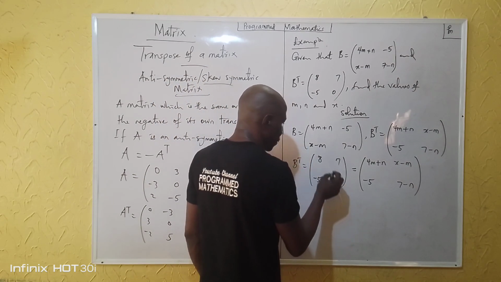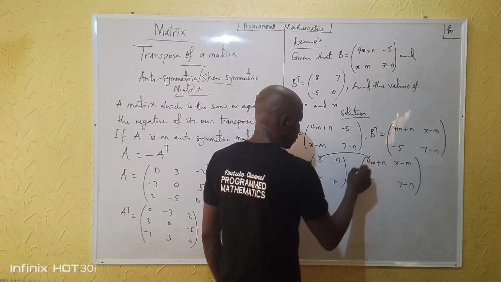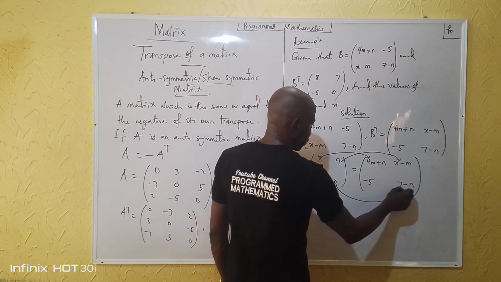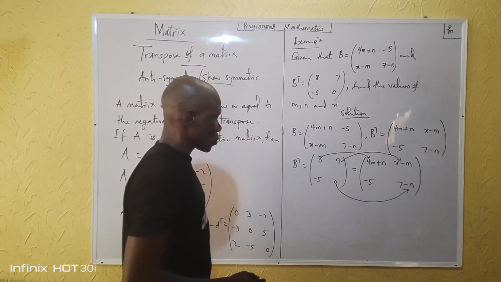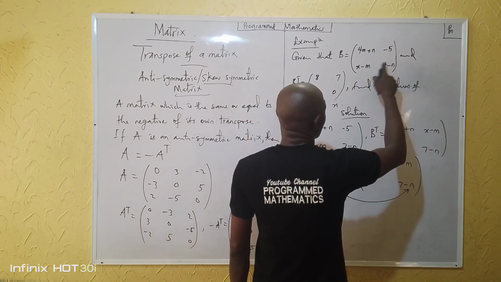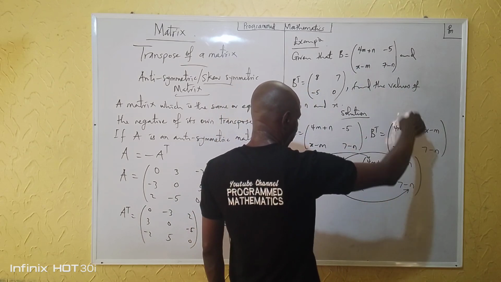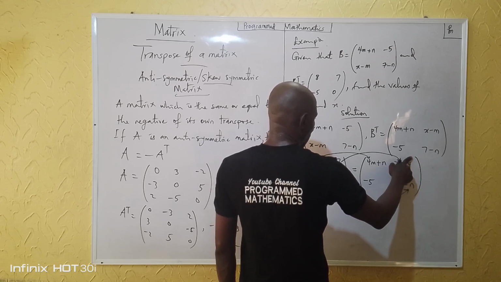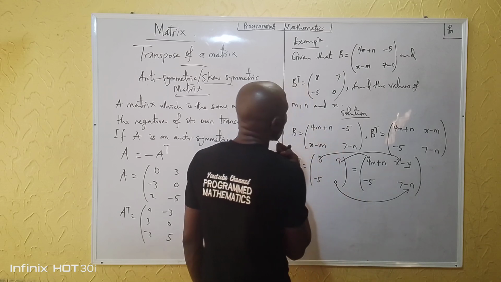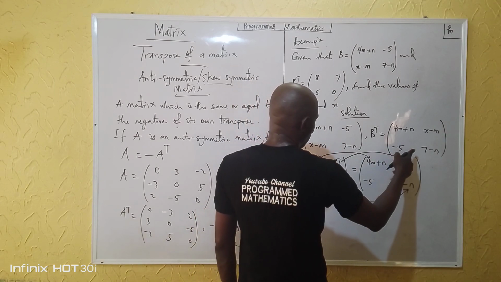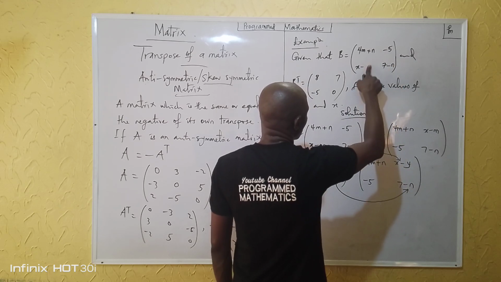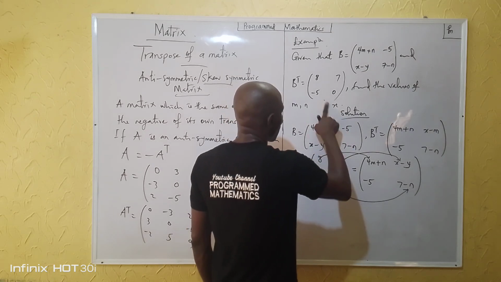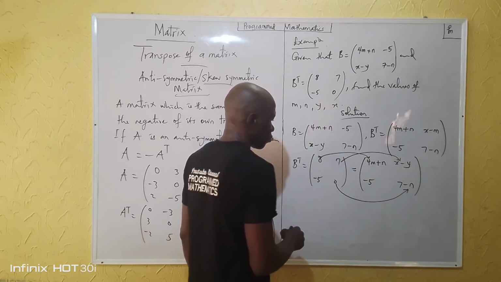If we look at this now, it's simply saying 8 is this, 7 is this, then 0 is this. Let me change this one to y. So we'll find the values of m, n, y, and x.